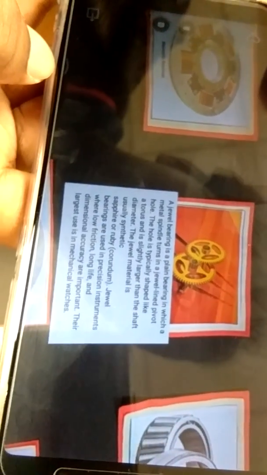Jewel bearings are used in precision instruments where low friction, long life, and dimensional accuracy are important. The largest use is in mechanical watches. So this type of bearing you can find in watches in your daily life. When you open a watch, you can find this bearing inside. Okay, I'm moving on to the next.